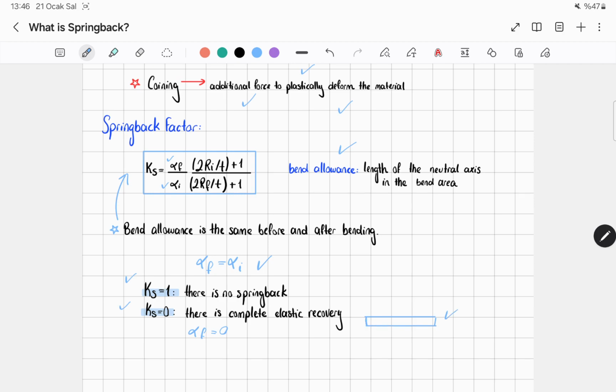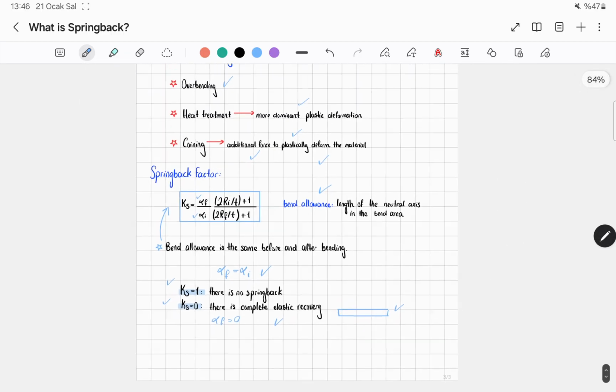It's the same as before, so our bending gives us no solution. It's still flat. There's complete elastic recovery.